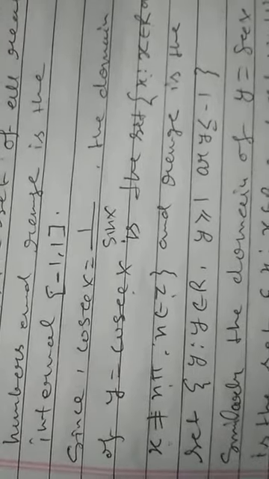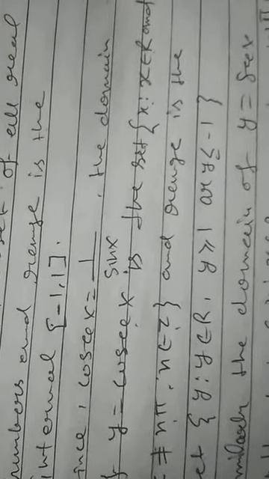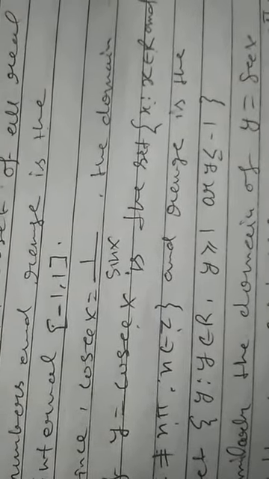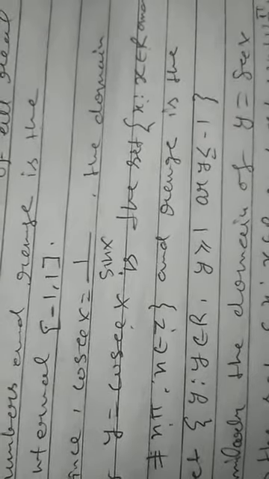So the domain of y equal to cosec x is the set of x such that x belongs to R and x not equal to n pi, and the range of y equal to cosec x is the set of y such that y belongs to R, y is greater than or equal to 1 or y is less than or equal to -1.